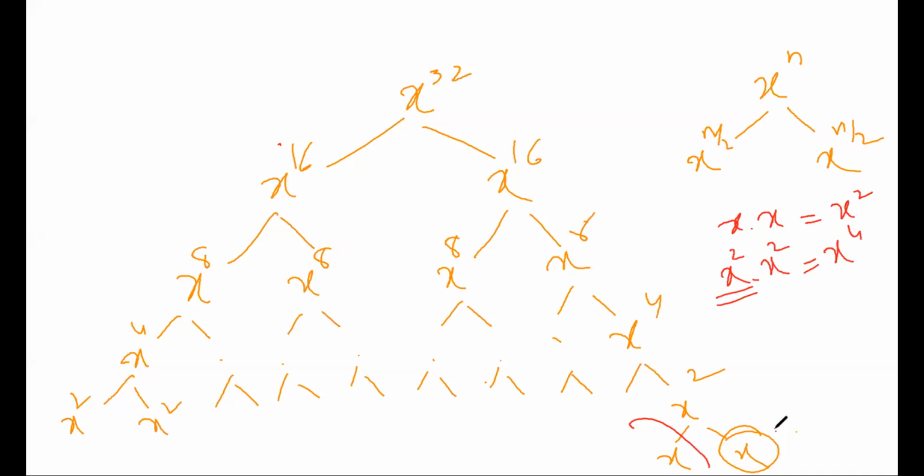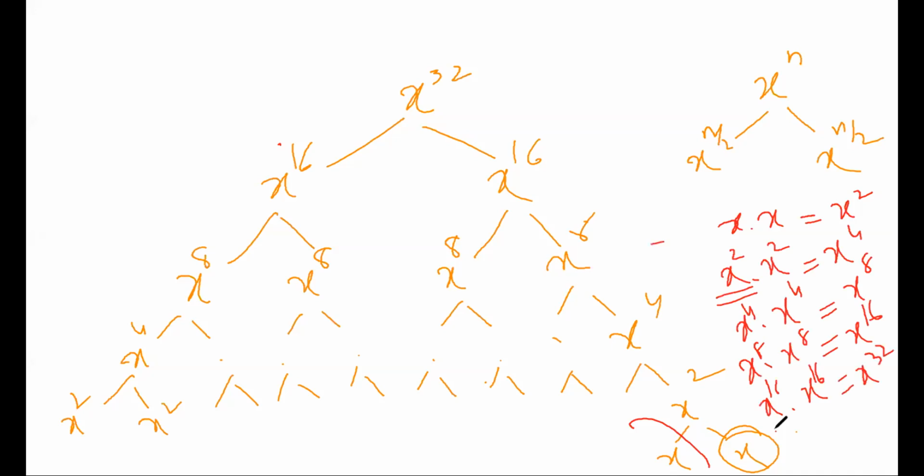You don't have to calculate the second x squared, you can reuse the value. So x4 into x4 is x8, and so on. Let me write it down. x8 into x8 is x16, x16 into x16 is x to the power 32.